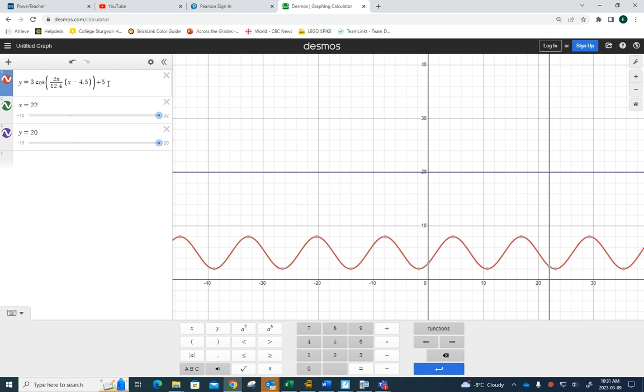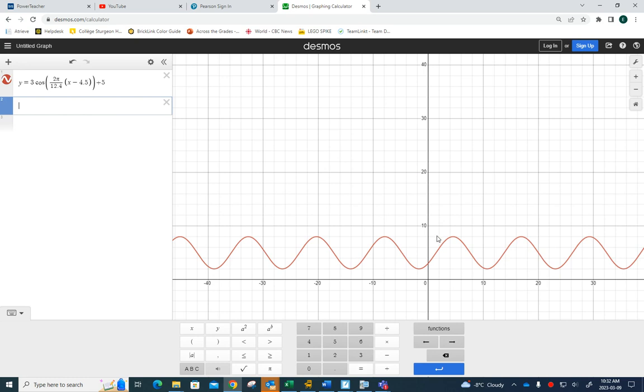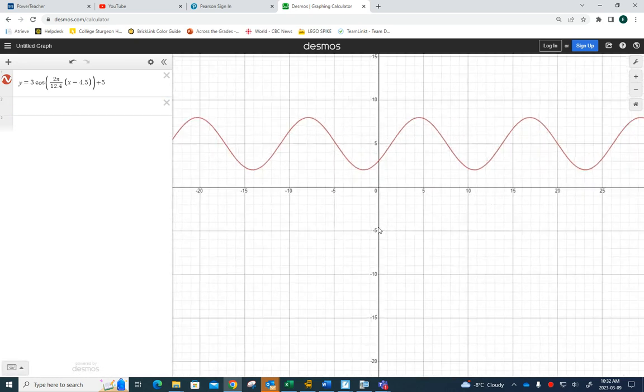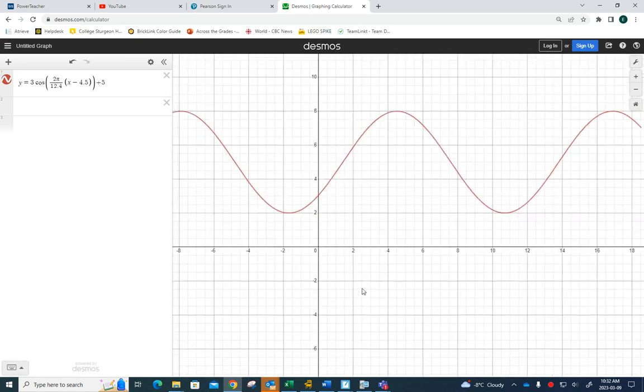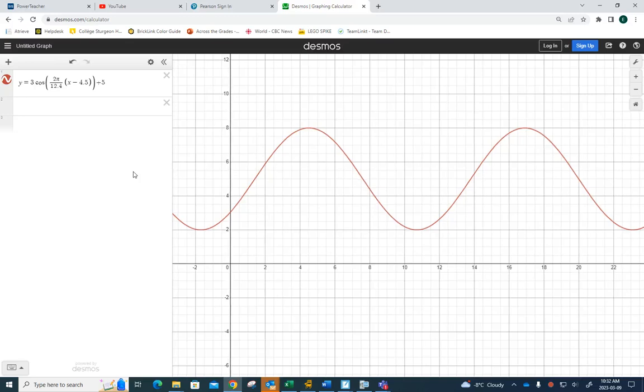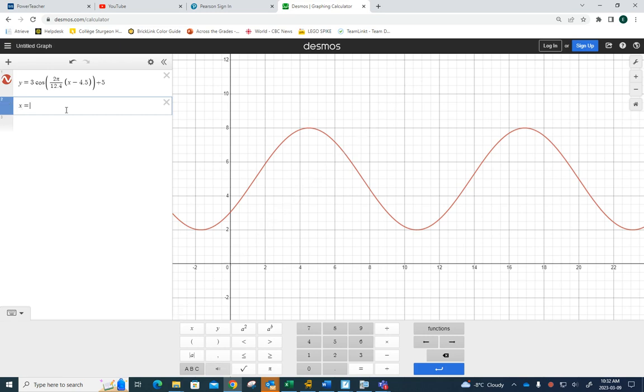And my d value is plus 5. There's my graph. We were finding it out at 1:30, so I go x equals 13.5. 4.5 is the actual answer. What did we estimate it as? Did we say 4 or 5? 4. Not bad. Pretty good estimate. I'm happy with that.